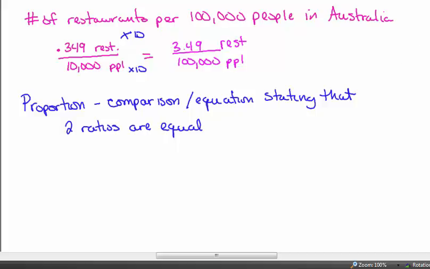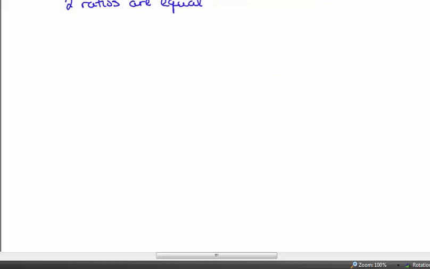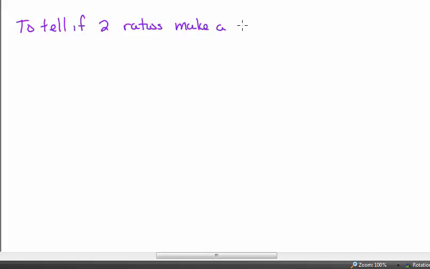And sometimes we have to determine if this is true or not, and so the way we do that is we are going to cross multiply. So again, a proportion is when two ratios are equal.